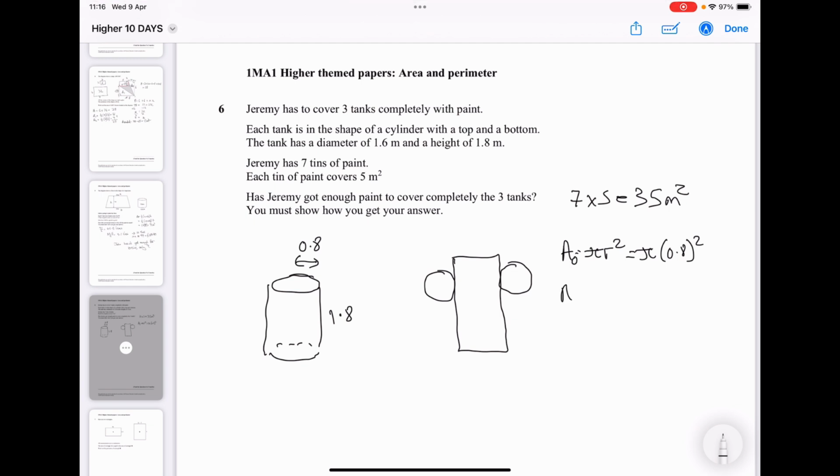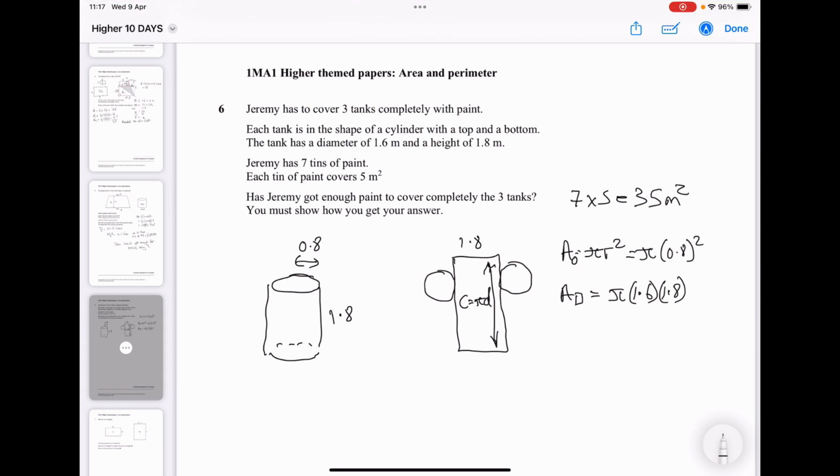And then the area of the rectangle is 1.8, and the length from here to here is actually the circumference, and the circumference is pi times d. So the diameter is 1.6, so what I've got is pi times 1.6 times 1.8.